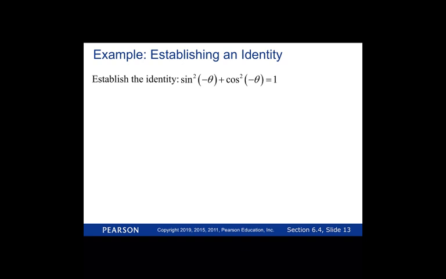So here's an example of using the fact that certain trig functions are even and odd. Because sine is odd, what does this mean? If we have sine squared of negative theta, we can rewrite this how? Yeah, because sine is odd, this is actually the same as... So here, let's actually do it.